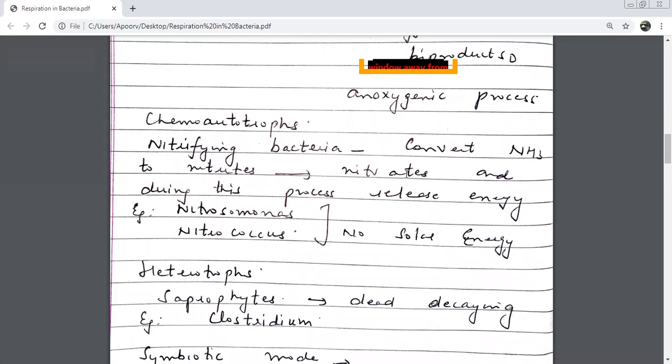An example is Nitrosomonas. I'm sure you must have heard the name. Nitrococcus is a little new for you, but I am sure you can guess two things about it just by the name. What is its shape? Round. Excellent.